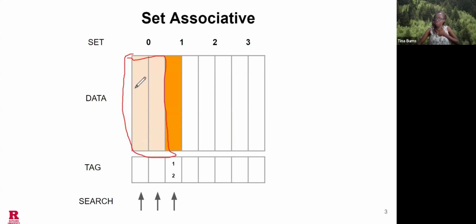You'll notice how it has two of these, right? This is a two-way set associative cache because it has 1, 2 blocks per set, 1, 2 blocks per set, 1, 2 blocks per set, right? So that's why we call this a set associative, and this is a two-way.